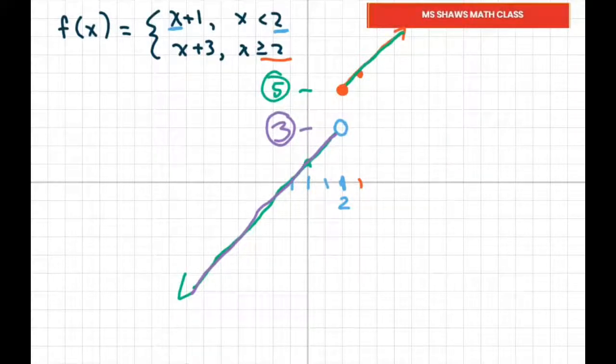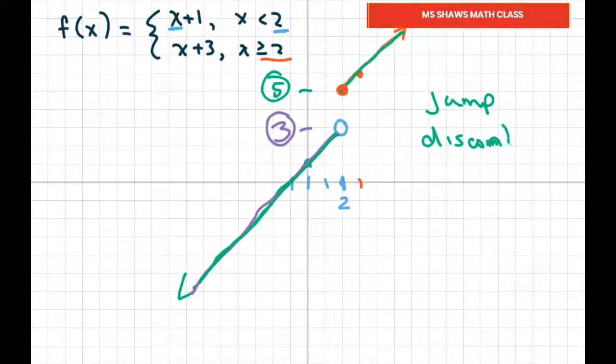Therefore, that's why it's discontinuous, because when you draw, you have to lift your pen up and jump up to here. So this is called a jump discontinuity. And again, that's why condition 2 failed. The limit just means what it is getting closer and closer to on the y value.